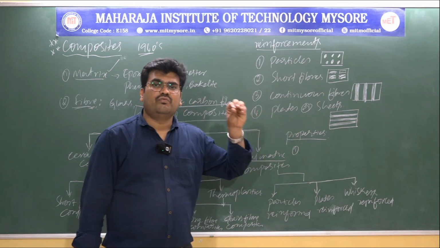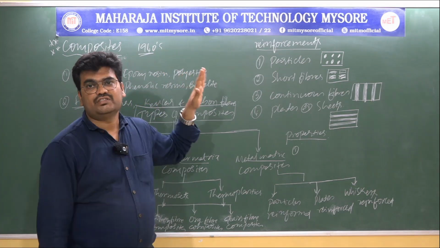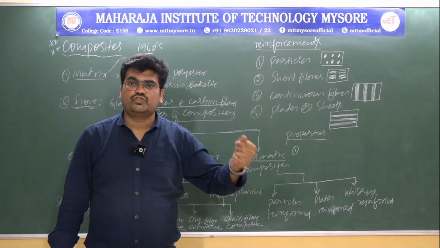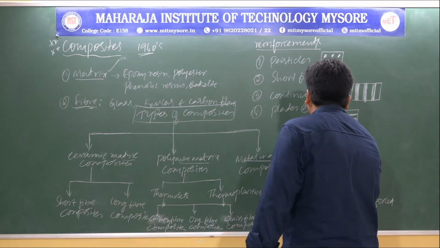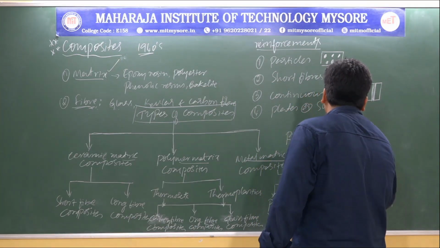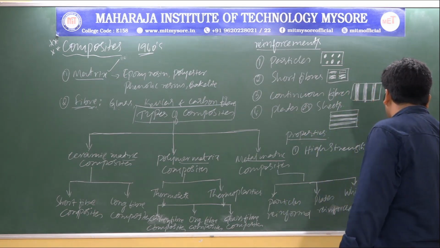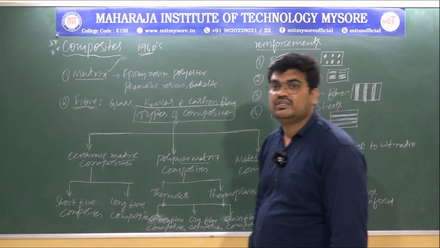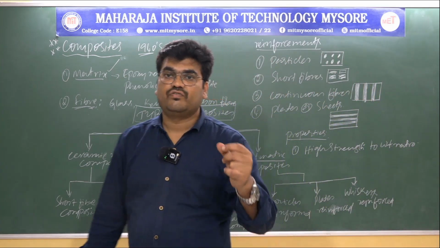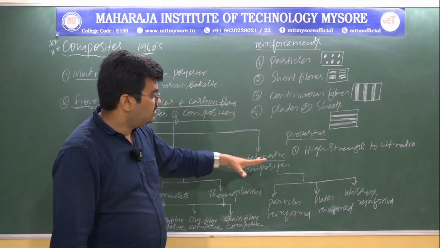One very important feature of these composite materials is their high strength to weight ratio. That's why I told that they are often stronger than steel, but weight is much less than that.